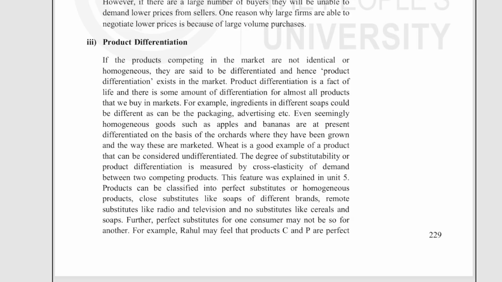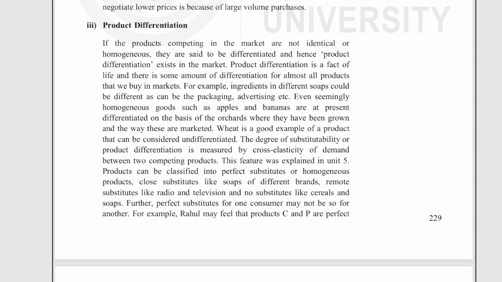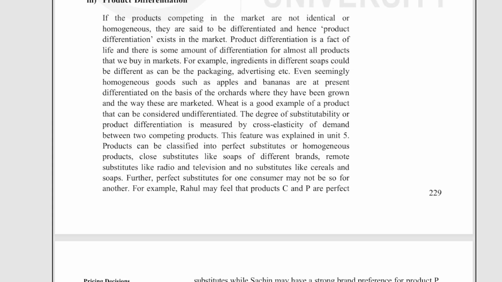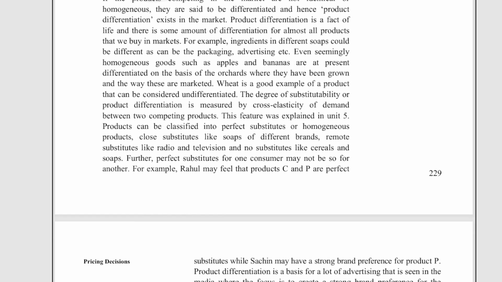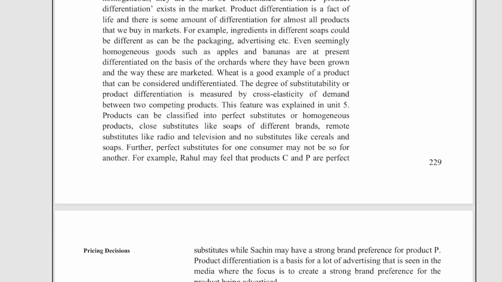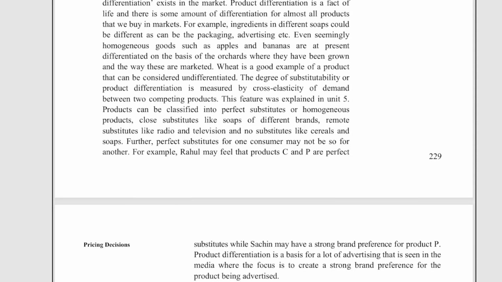Product differentiation is a fact of life, and there is some amount of differentiation for almost all products that we buy in the market. For example, ingredients in different soaps could be different, as can be packing, advertising, etc. Even seemingly homogeneous goods such as apples and bananas are at present differentiated on the basis of the orchard where they have been grown and the way these are marketed. Okay, so that is an example.